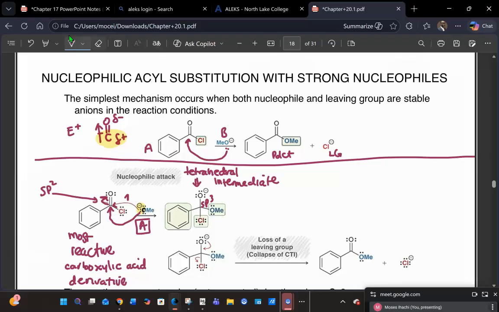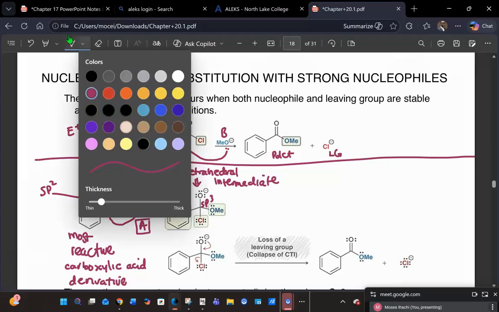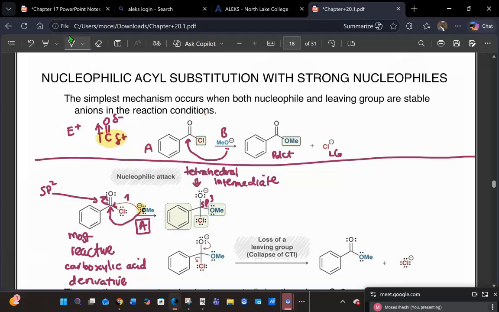Now, once you have the tetrahedral intermediate, then we can collapse it down, which is what's happening down here. You're collapsing it down because you have a leaving group.